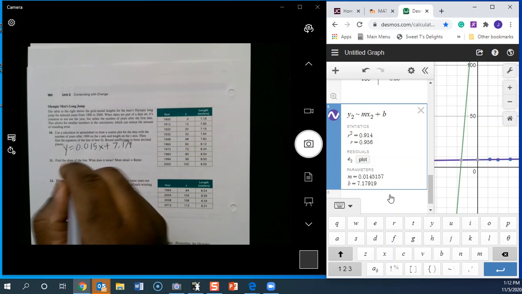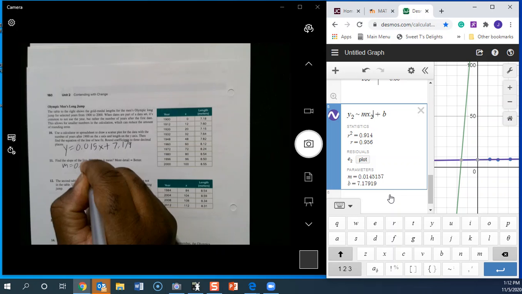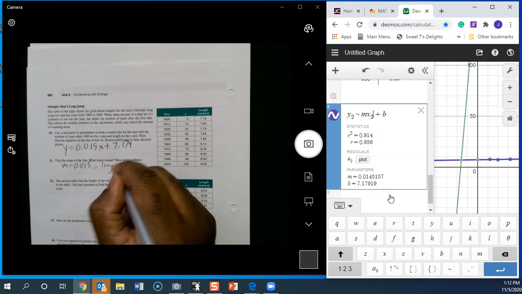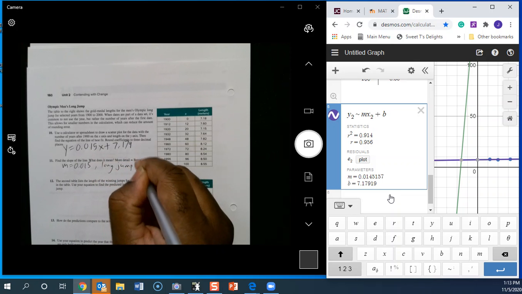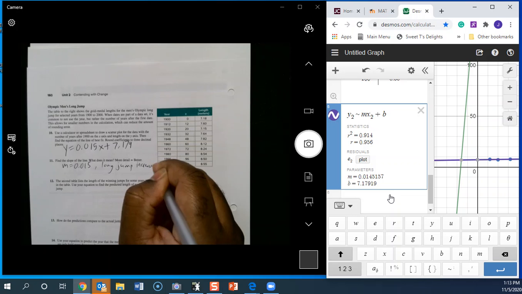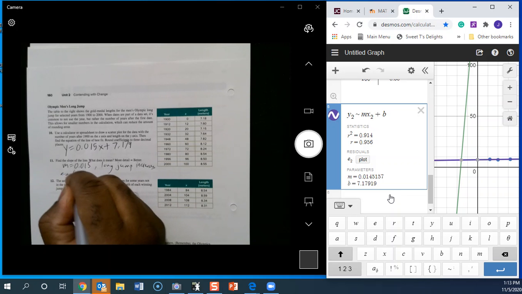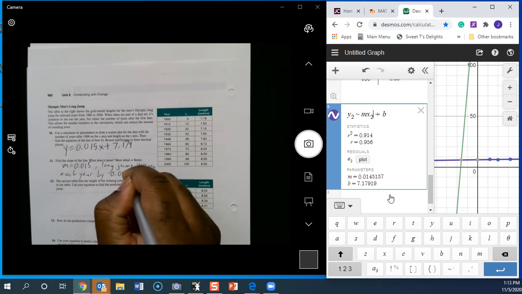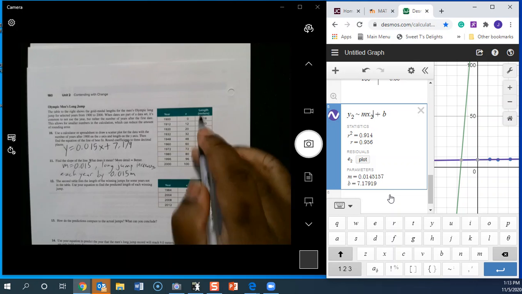The slope is a value connected to x. So the slope is 0.015. And we could say the long jump increases each year by 0.015 meters, because that's in meters.